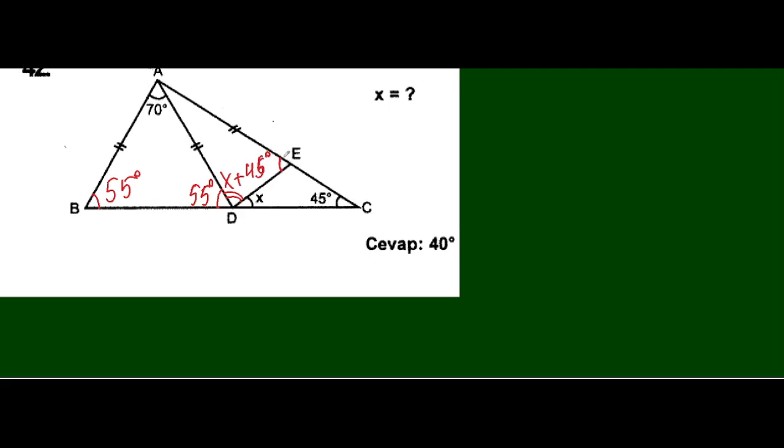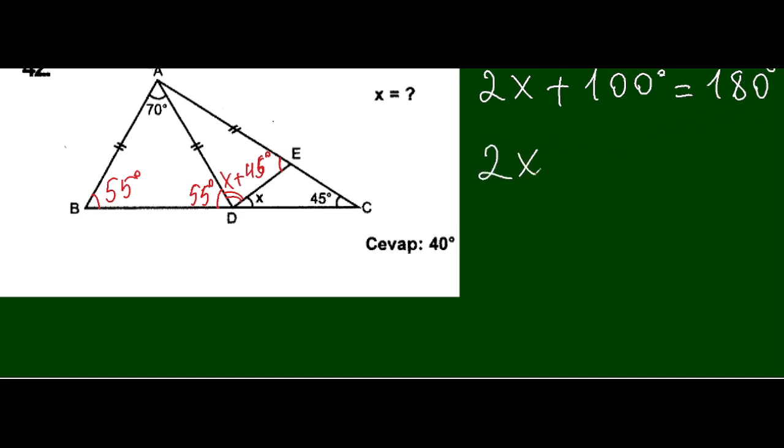So we don't need to write down 2 times, and we can add up the adjacent angles, and we'll get x plus 45 plus 55 is 100 degrees, and it will equal 180 degrees because the sum of the adjacent angles is 180 degrees.